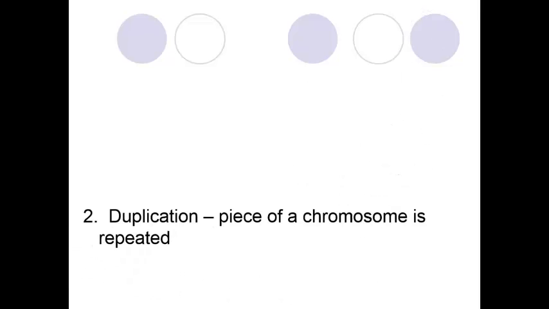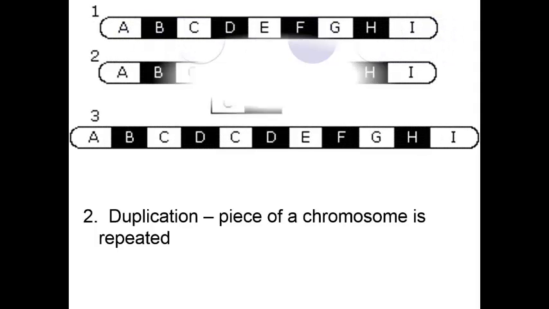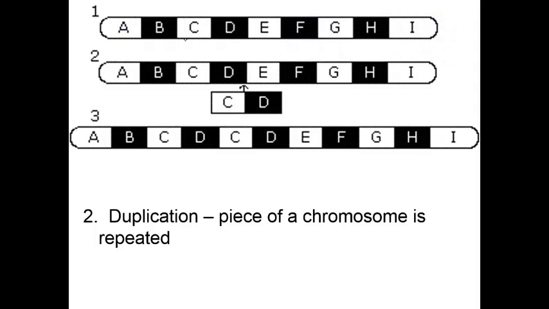We also have another type of chromosome mutation, and again, we're not looking at the amount of chromosomes but mainly their structure, called duplication. And this is where a piece of your chromosome is repeated. Now they broke these up into sections. So this is one chromosome here, but they broke it up into section A, section B, and C, just so that we could see how this works.